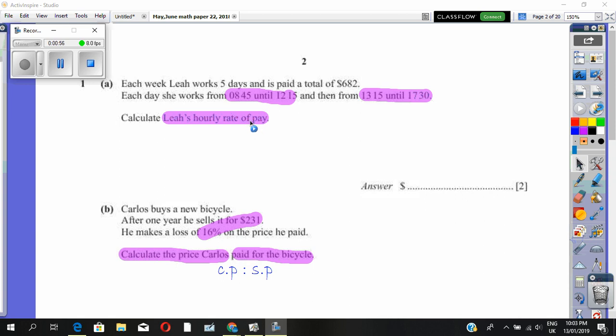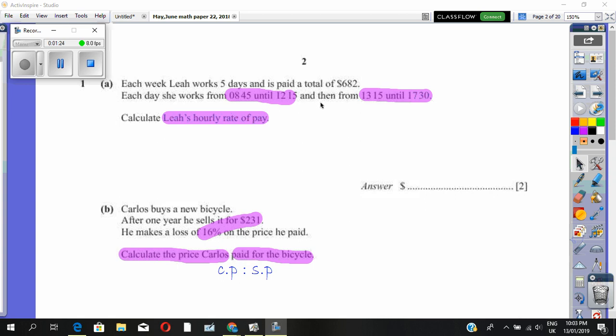It means she worked 5 days and there are the time intervals. The first interval is 8:45 until 12:15 and the second one is 13:15 to 17:30. First of all, we're supposed to find the time she worked each day. Then we can multiply by 5 to get the working time in 5 days.